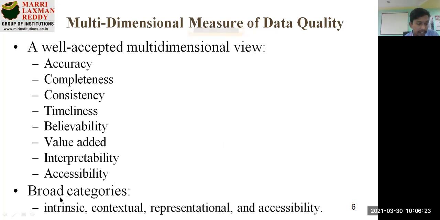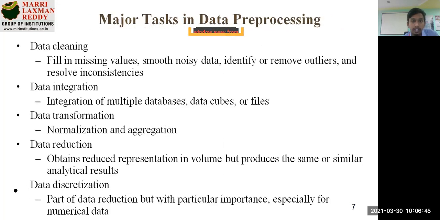The categories intrinsic, contextual, representational, and accessibility are some of the important metrics which are used to improve the quality of your data. Okay, so these are the categories of different types of formats or parameters which are useful for creating your data quality.